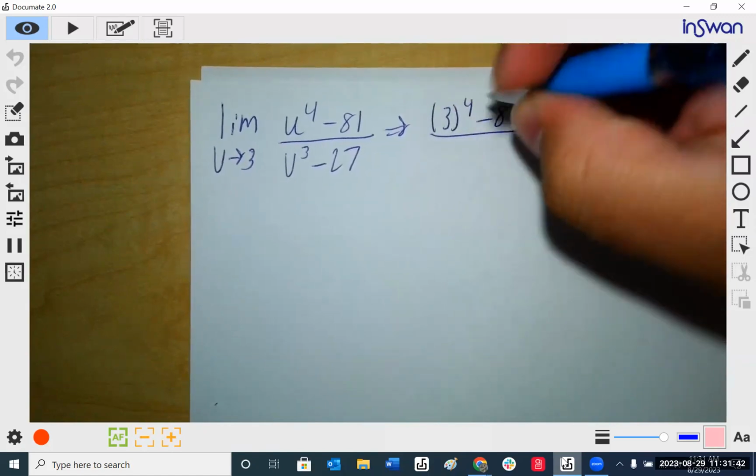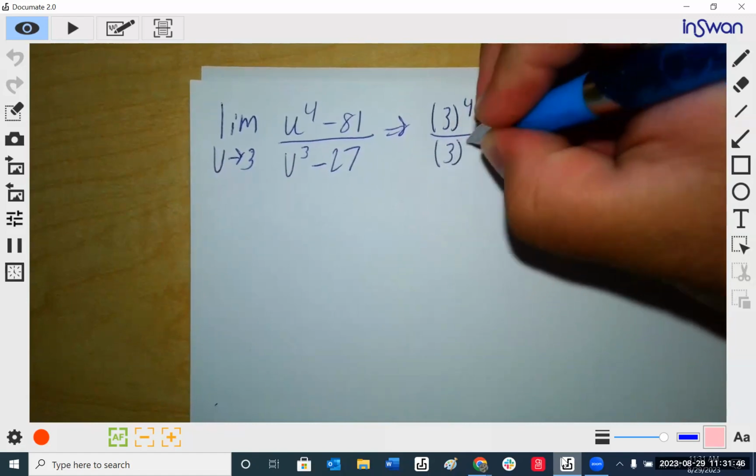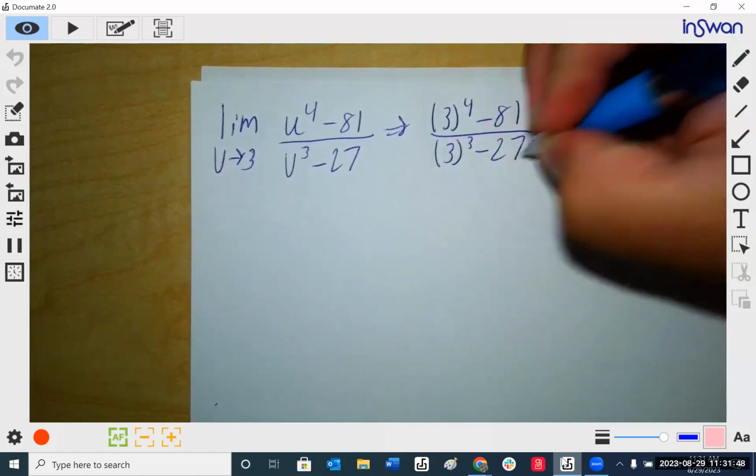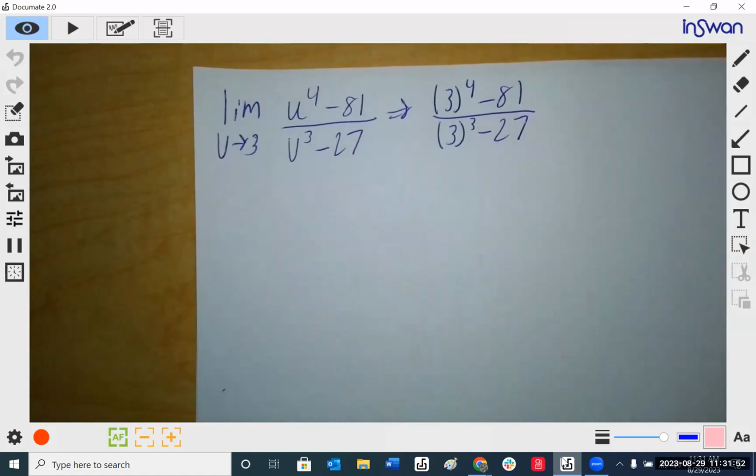It doesn't matter what negative is when we put in here. Wish I had a calculator right here. Okay, the 3 to the 4th is like 3 squared and 3 squared. What is 3 squared? 9. 9 times 9? 81. It's 81 minus 81.